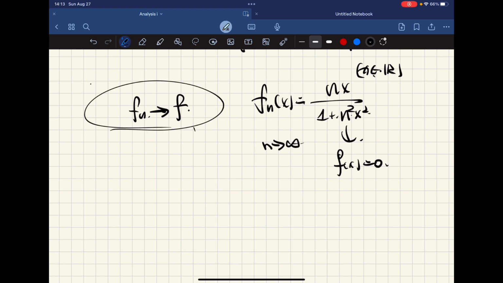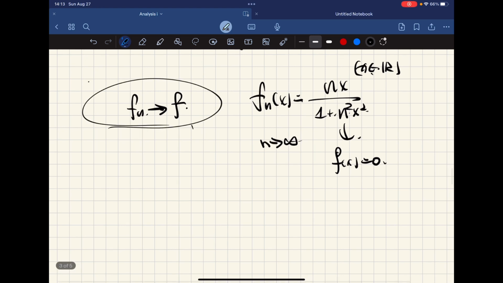So then we might ask a natural question. If I got a series of functions that converge to a particular function f, if I took the derivative of this series of functions, does that necessarily converge to the derivative of the limit function? Well, it turns out that the answer is not always yes, although you might think it is.